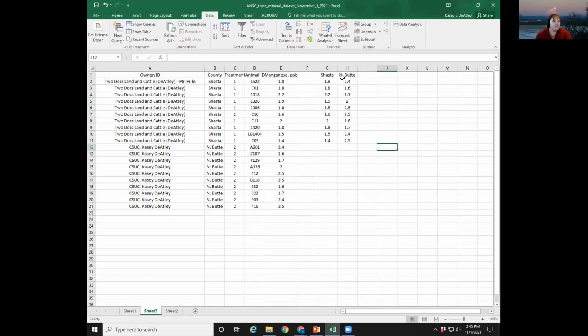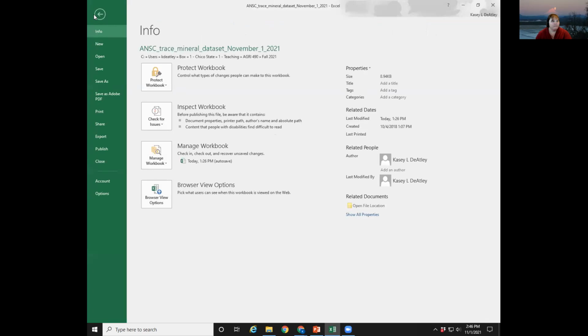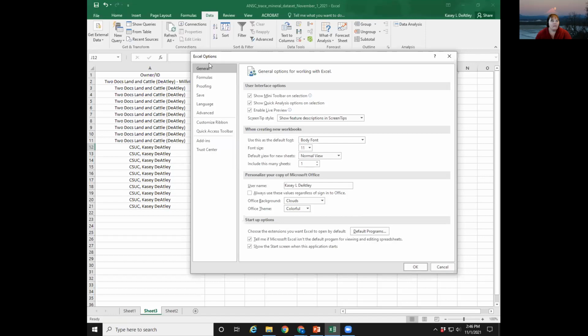I think step number 1, I can't remember. The next part is we need to make sure that we have this data analysis tab or data analysis button on our Excel toolbar. If it doesn't show up under Data, what we can do is go to File, down to Options, and then on the left-hand side of the Excel options window is Add-ins, almost to the bottom.